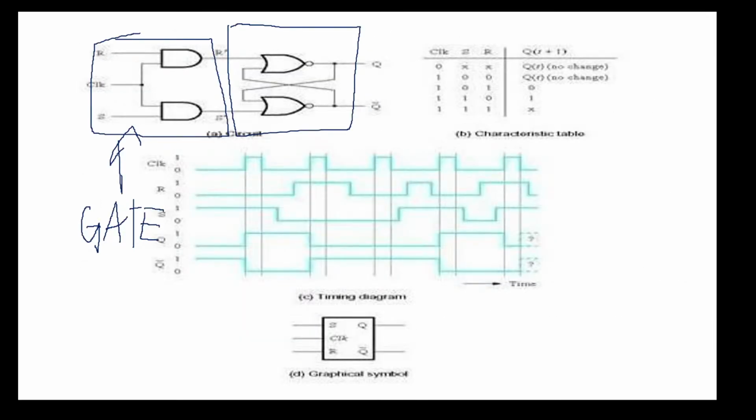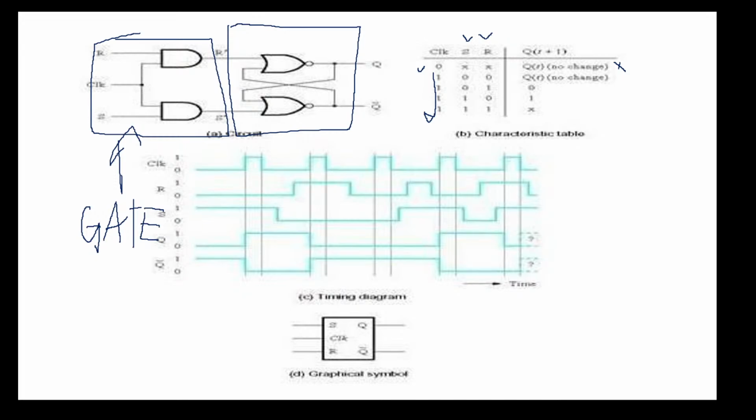Now let's move on to seeing the truth table over here. Now when the clock is zero, that means there are no changes occurring. Right, now when the clock is given as 1, the inputs S and R will have some effect on the output state.